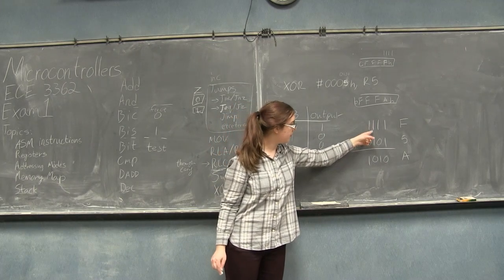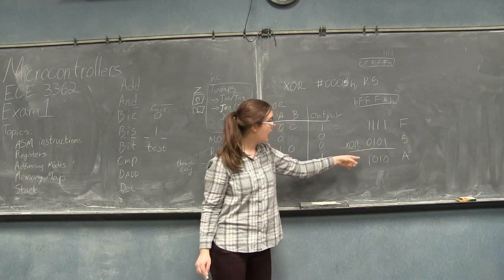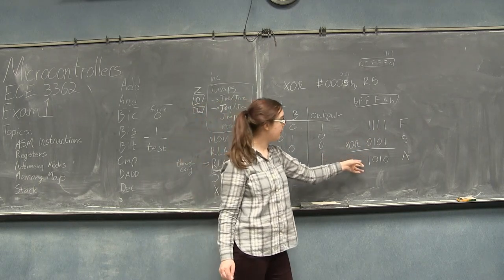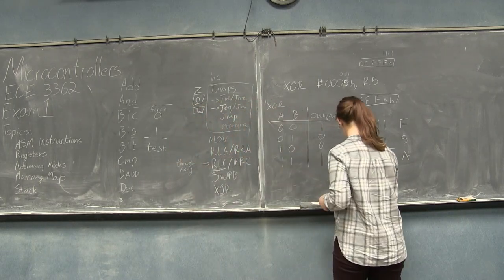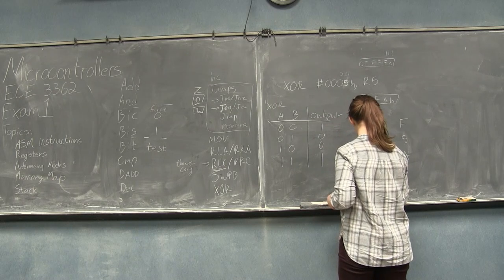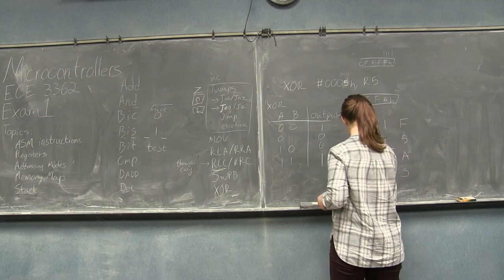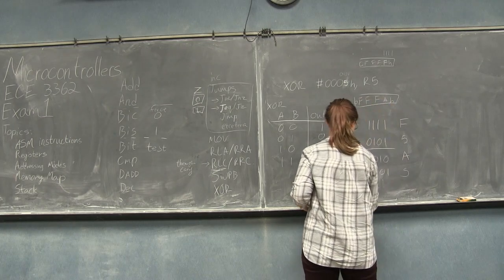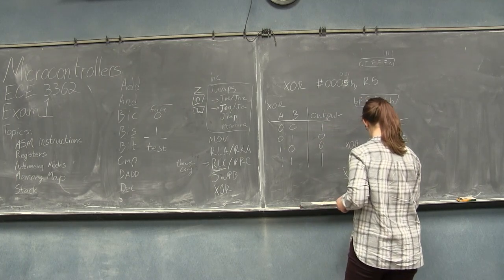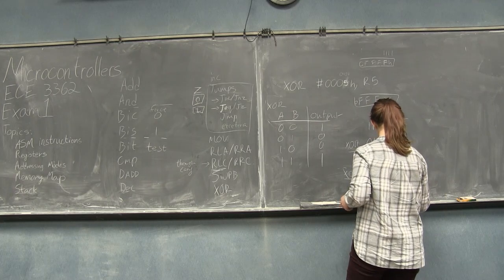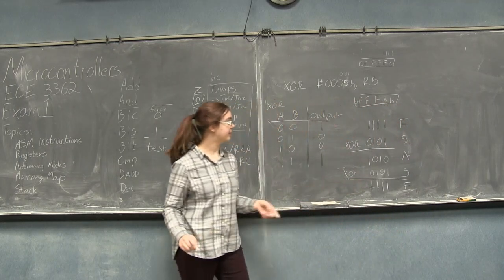So you would toggle the bits here. And then if you were to XOR again, you would return back to F.